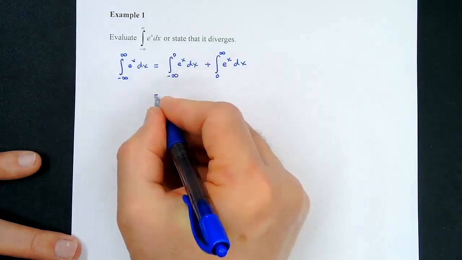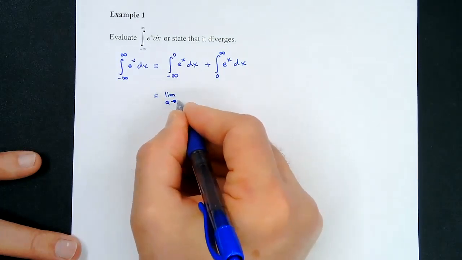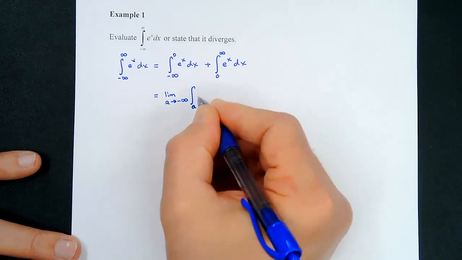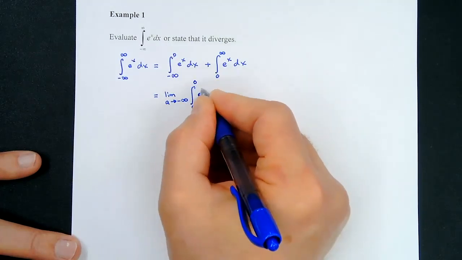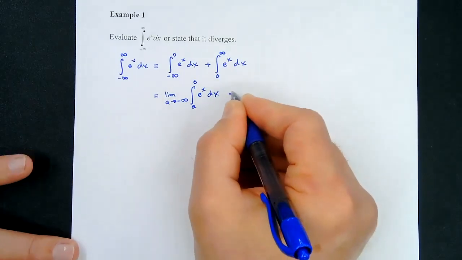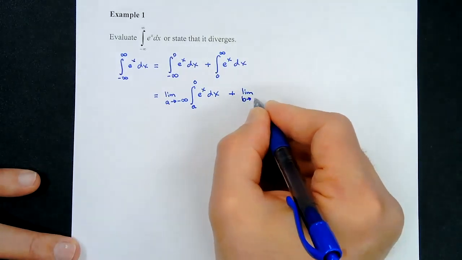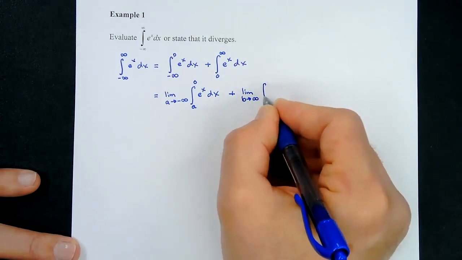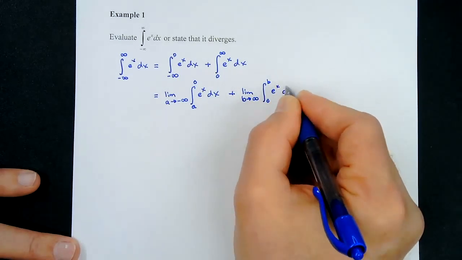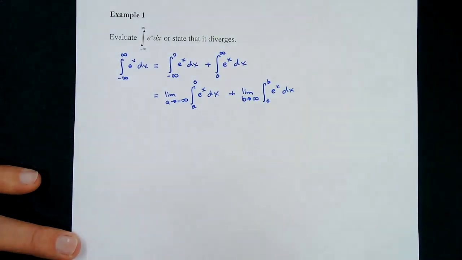So for this first one, we're going to take the limit as a approaches negative infinity, and we're going to integrate a to 0 of e to the x dx. And then we're going to add to that the limit as b approaches positive infinity of the integral from 0 to b of e to the x dx. And I picked one just to start out with that we could integrate really easily.